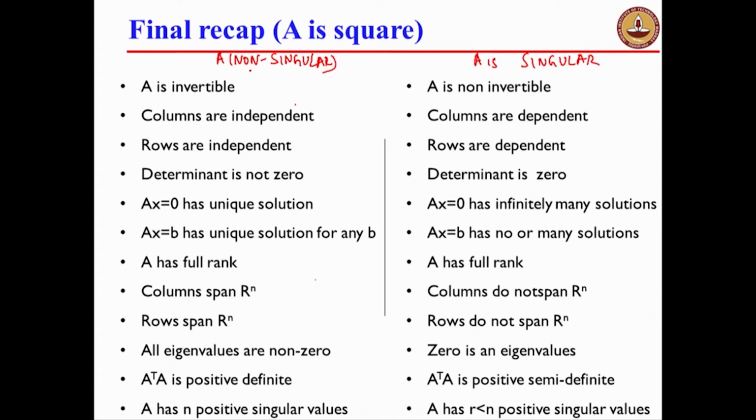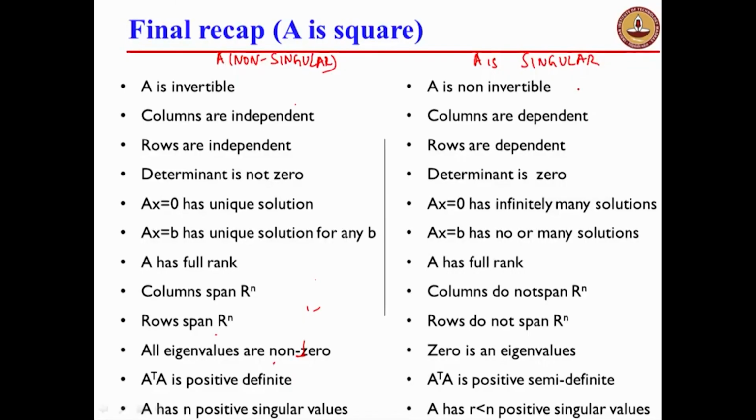So non-singular matrix A is invertible, it is a square matrix, columns are independent, rows are independent, the determinant is not 0, Ax equal to 0 has a unique solution, the 0 solution, Ax equal to B has a unique solution for any B, A has full rank, the row rank is equal to column rank, the number of independent rows is equal to n, the number of independent columns is equal to n, therefore the columns span the entire n-dimensional space, the rows span the entire n-dimensional space, all the eigenvalues are non-zero, A transpose A is positive definite, and A has n positive singular values. The singular values are those which go into the matrix sigma that we discussed in the previous case.